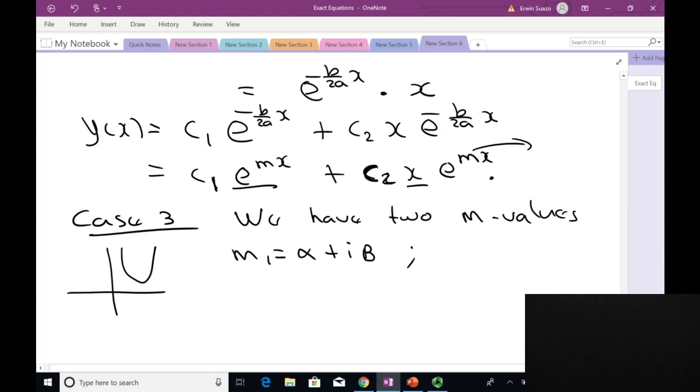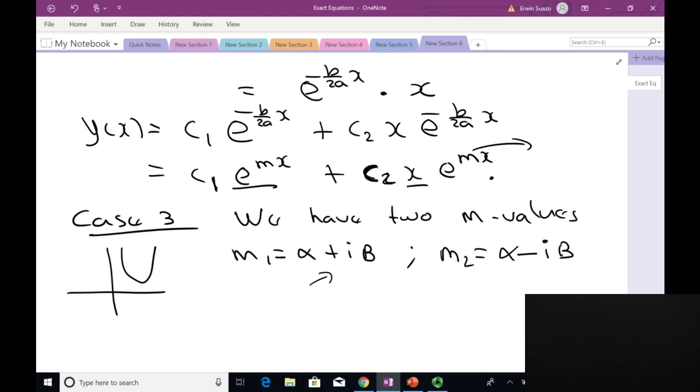That's your first root. That is complex. So if m1 is that, what would be m2? If this one is your first root, what will be your second root? It will be the conjugate. It will be alpha minus i beta. That's important, this relationship. In the quadratic formula, if you have one complex root, the other one is the conjugate. So that's going to help us a lot.